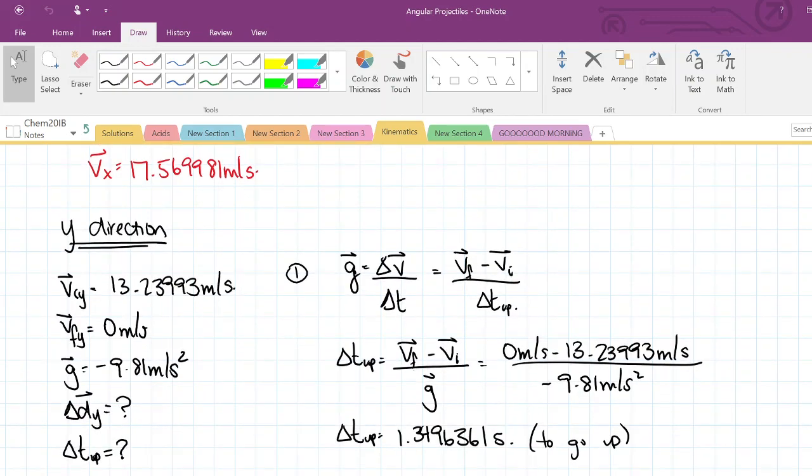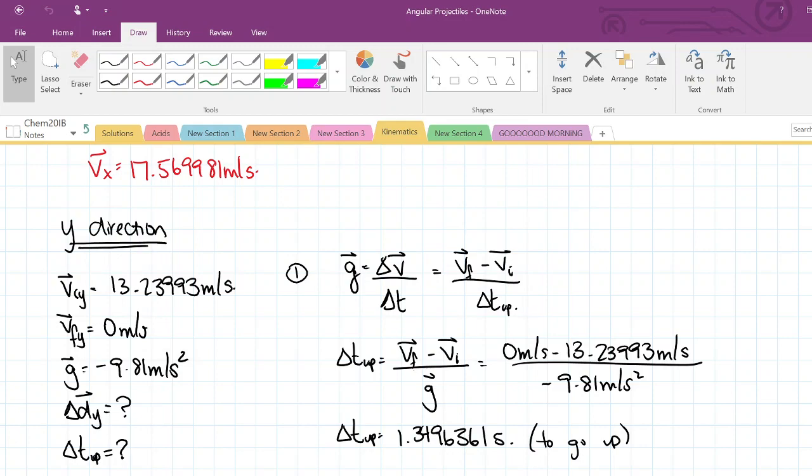So I've got velocity initial, velocity final, and gravity. I'm looking for displacement y, and first I'm looking for the time up. First thing I did was take gravity equal to my total change in velocity divided by my total time. That's velocity final minus velocity initial divided by t up.